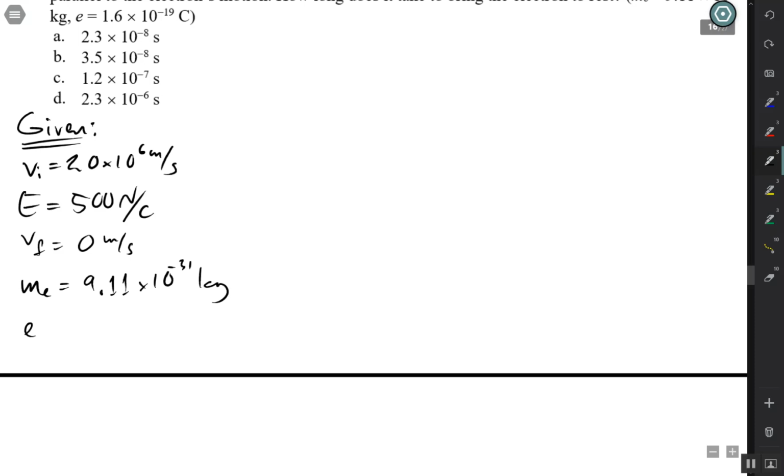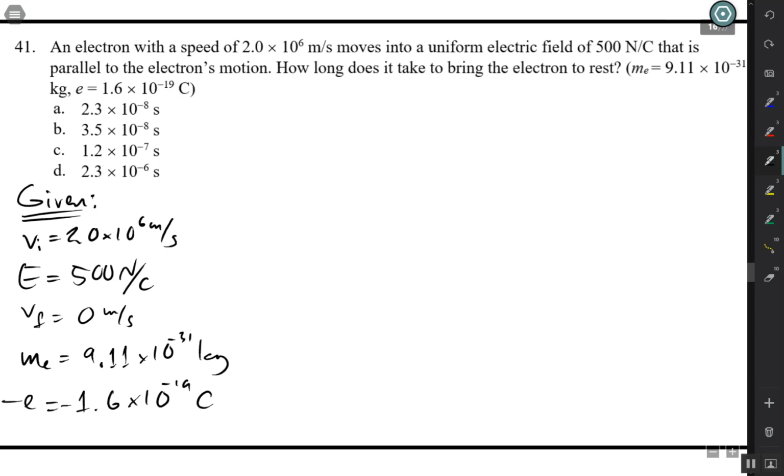And the charge of one electron is 1.6. I'm going to argue that it's actually supposed to be negative. And our goal is time.